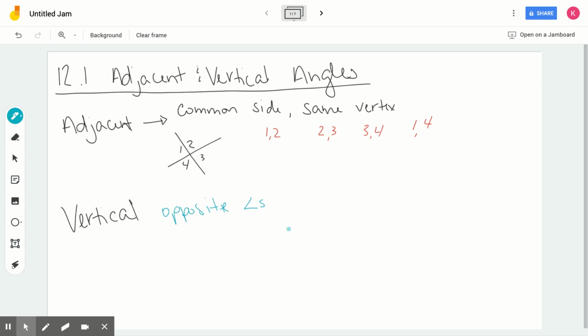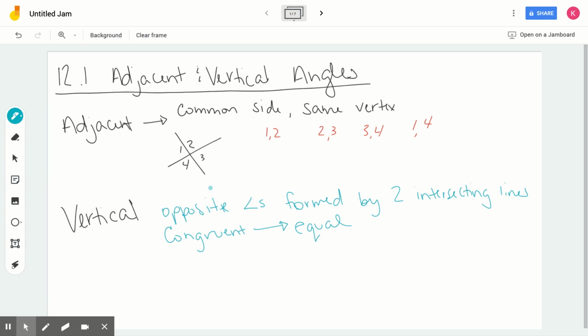So angles that are opposite, formed by two intersecting lines. Vertical angles are congruent. And if we think back to what we know about congruent, it tells us that they are equal.